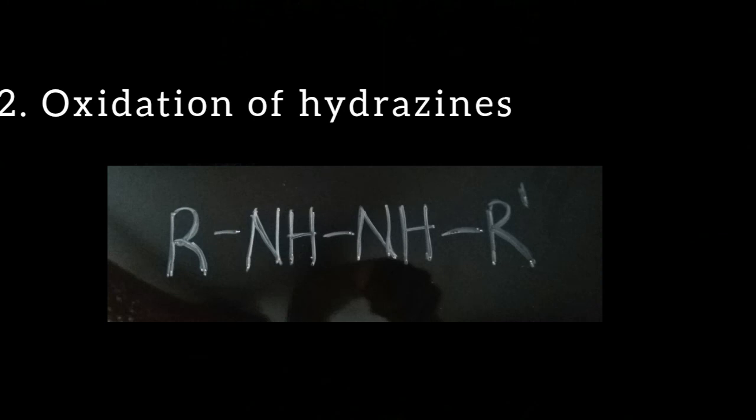The next method of synthesizing aromatic azo compounds is the oxidation reaction of hydrazines. Hydrazines have the basic structure of nitrogen, hydrogen attached to each other, and then to each of those there will be an aryl group, as you can see, and this compound is reacted with oxygen to give you an azo.